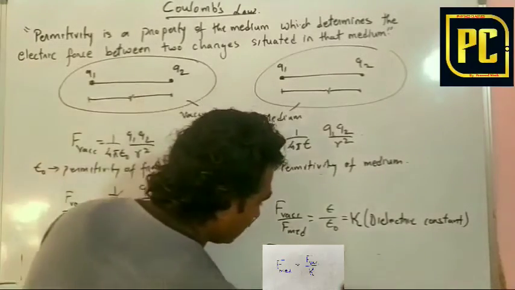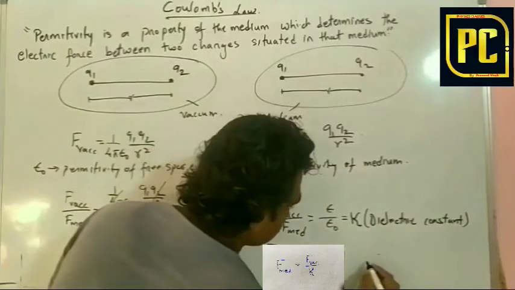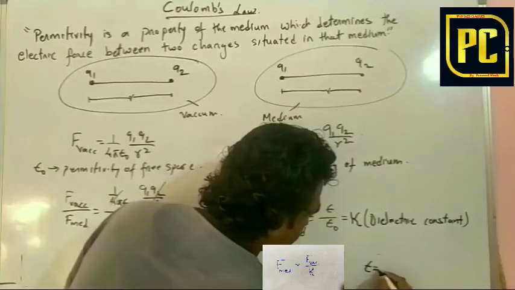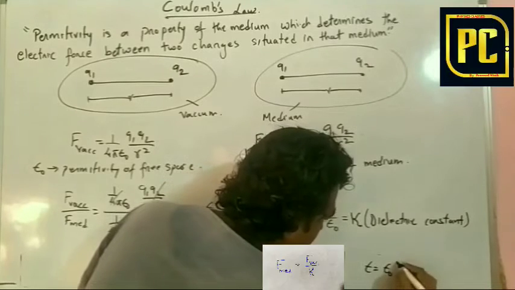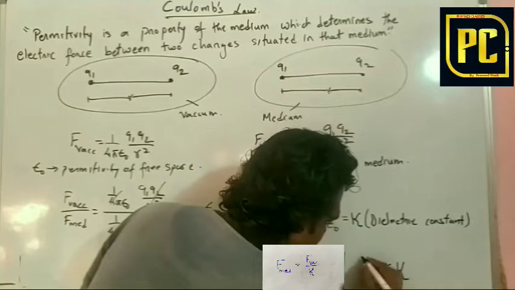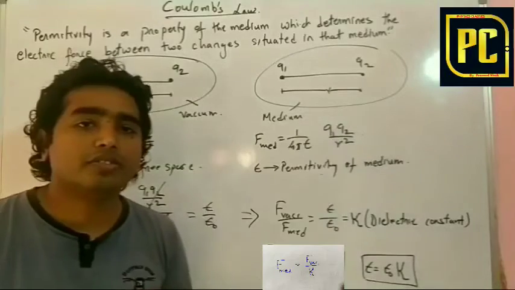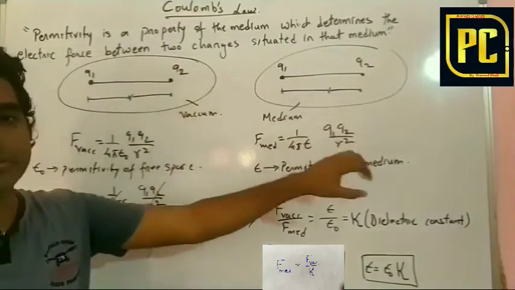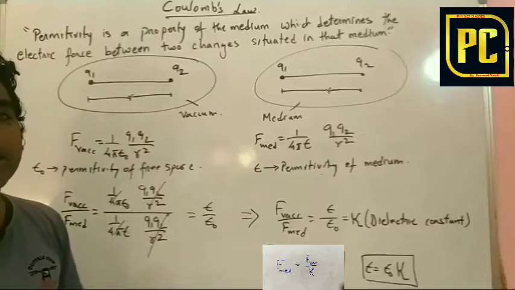In vacuum this is 1, that is, epsilon is equal to epsilon naught. It means that when we move to a medium, your force becomes less.